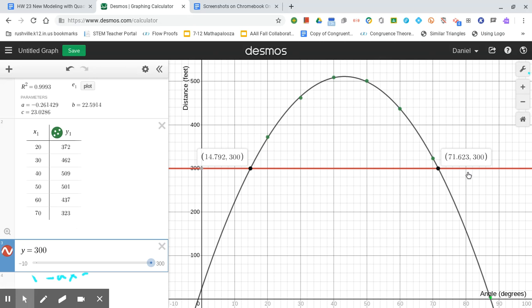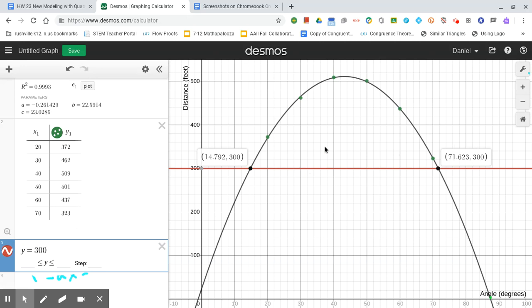It can help you find these spots. And if we just click on them, we see there are these two points that have x values of 14.792 and 71.623, both with that height of 300 though. So there are two angles in our model that create a distance of 300 feet.